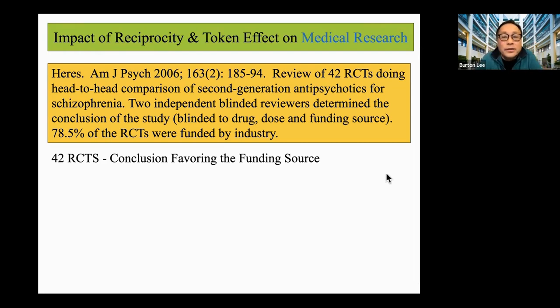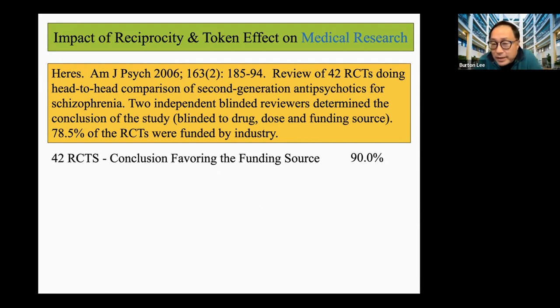Okay, and so they took these studies, and they noted that most of them, 78% of them, were funded by industry. And what they looked at was of the 42 RCTs, the conclusion favoring the funding source was actually 90%.